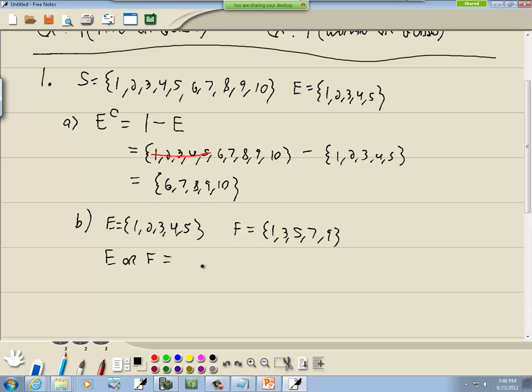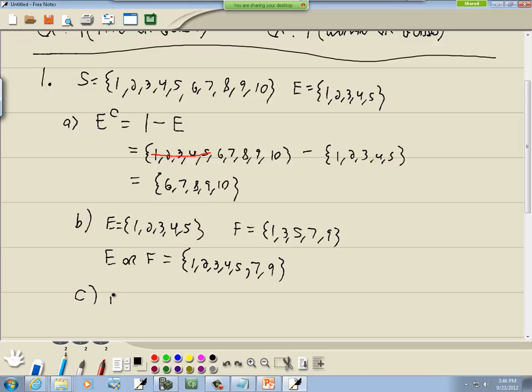So any that are duplicated, we don't write it down. Well, E is 1 through 5. Now if I go over F, it's got a 1, I already wrote 1 down. It's got a 3, I already wrote 3 down. It's got a 5, I already wrote 5 down. And then we got 7 and 9. So in OR, we merge the two sets together and don't write any repeated.